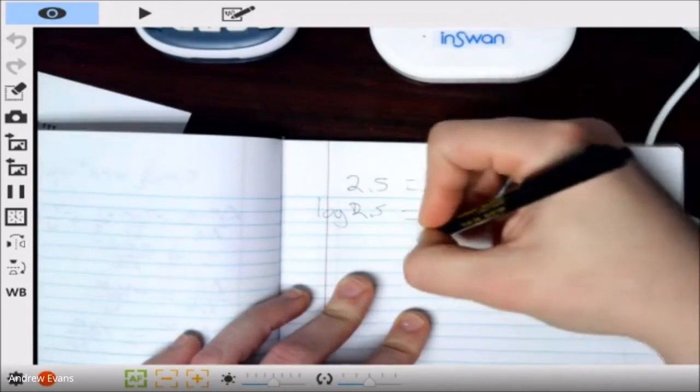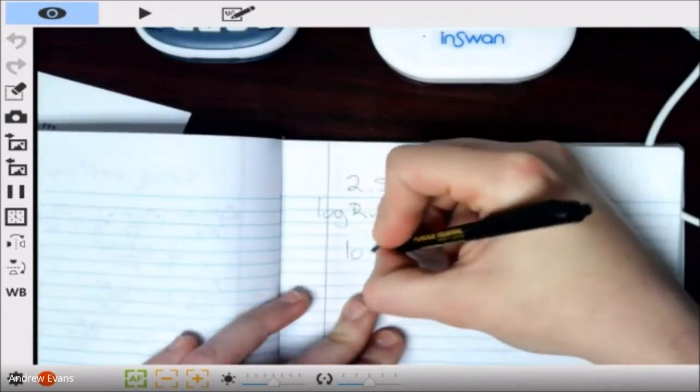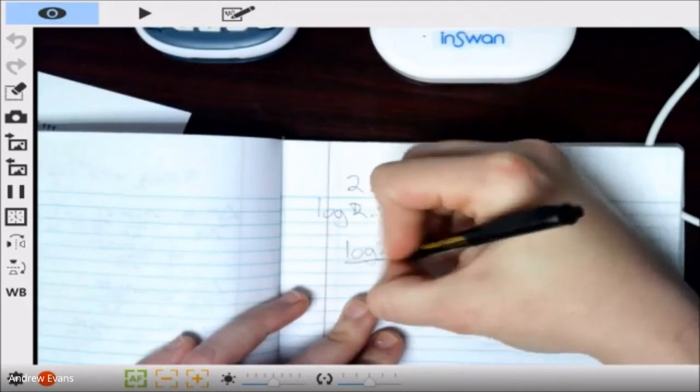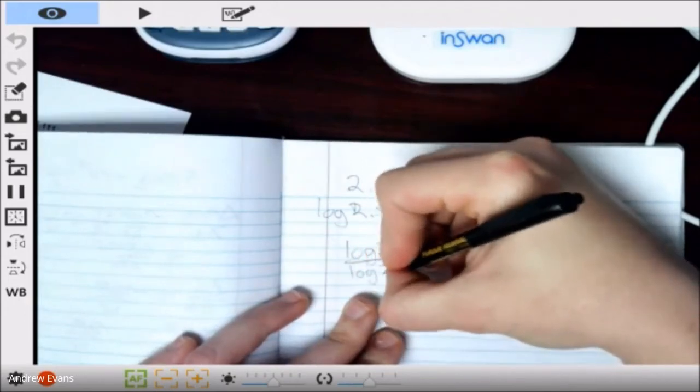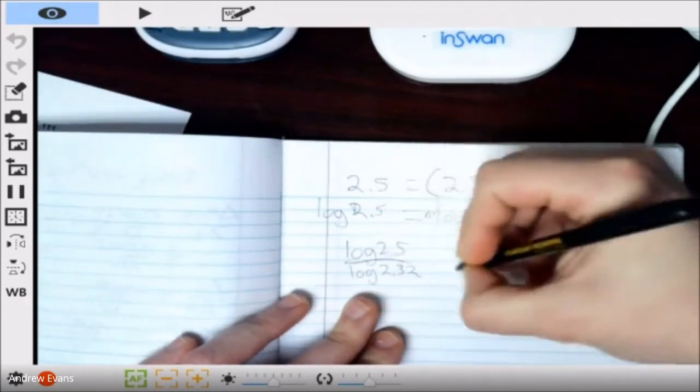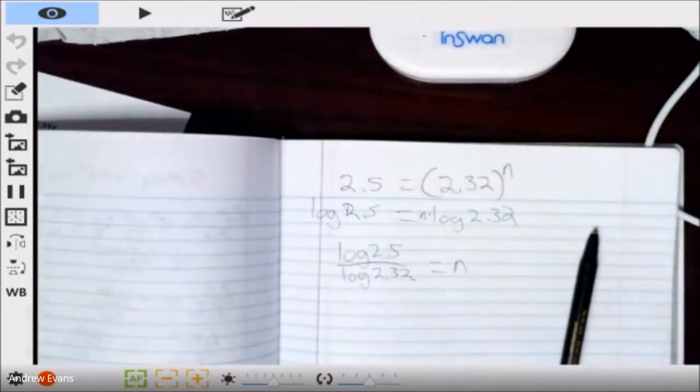And we're going to divide log of 2.5 divided by log of 2.32 to find out what is our n. And of course, maybe round up or round down. And that's what we'll end up doing in the lab, because we're not going to have such nice numbers when we're dealing with lab-based data.